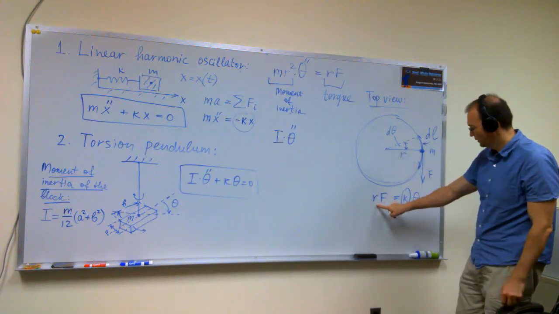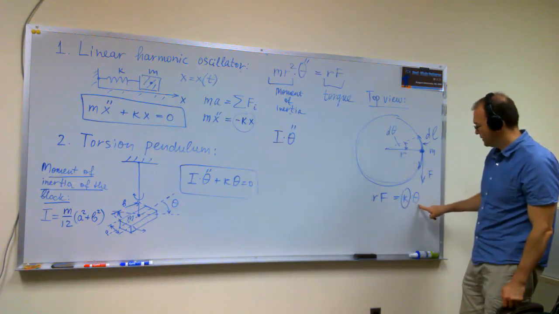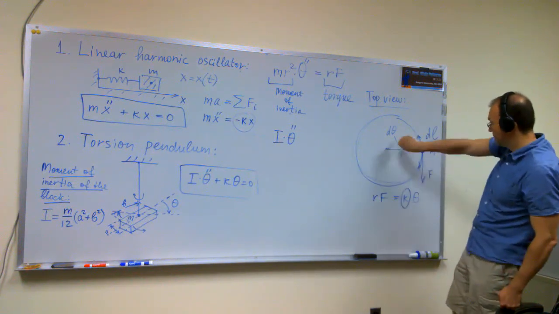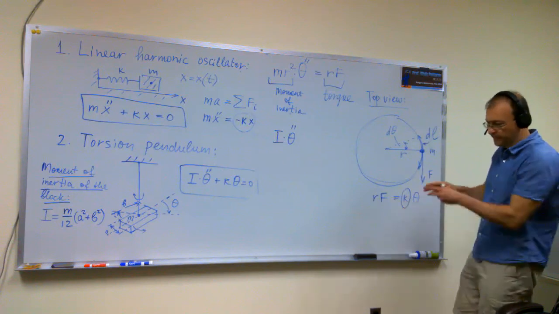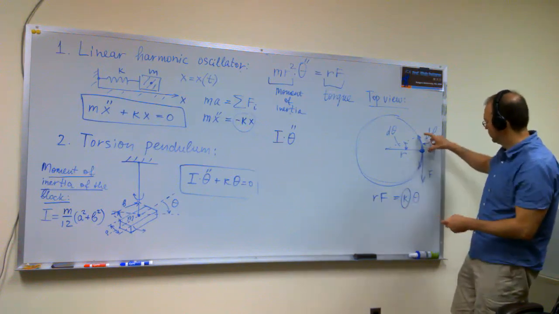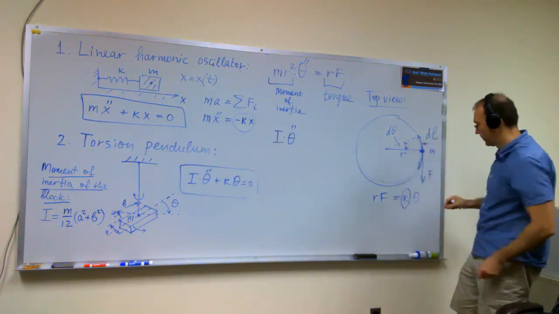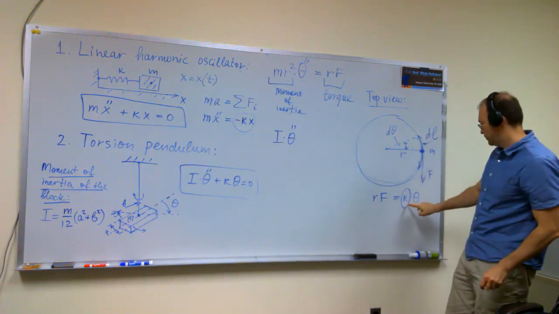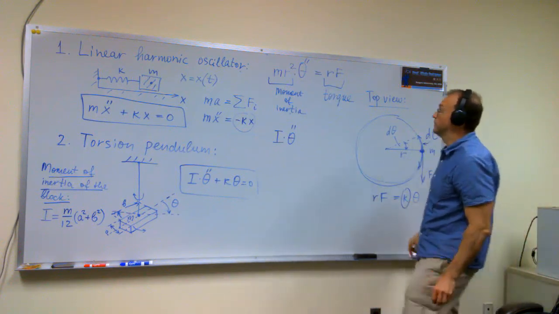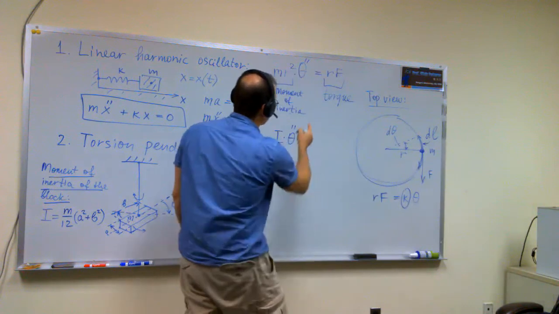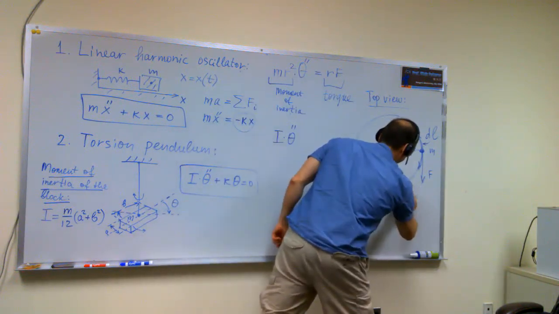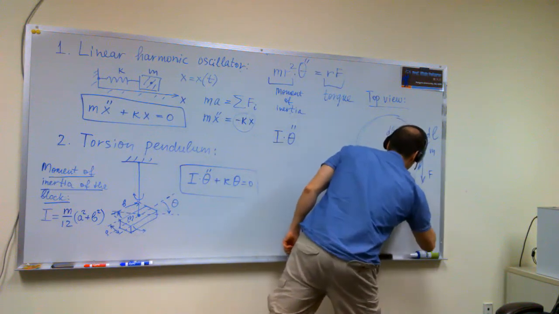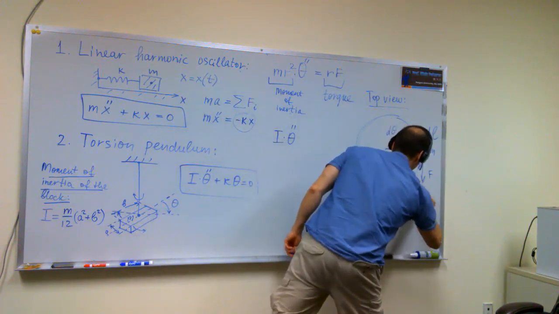The torque is linear with the angle of rotation, theta. So they're directly proportional in the linear regime, of course, for oscillations that are small in amplitude. So that's the definition of the torque constant here. And that's why we can rewrite it with the minus sign: minus K theta.